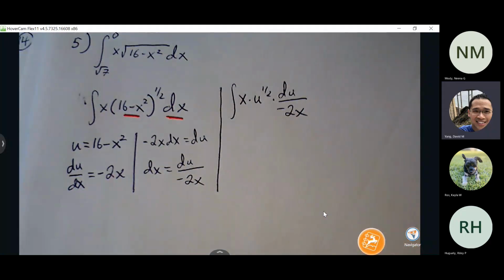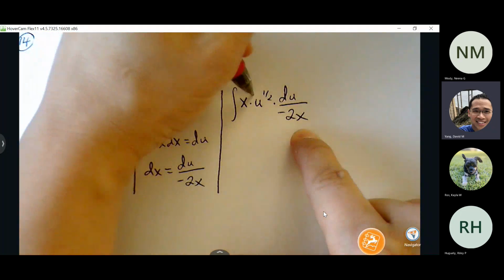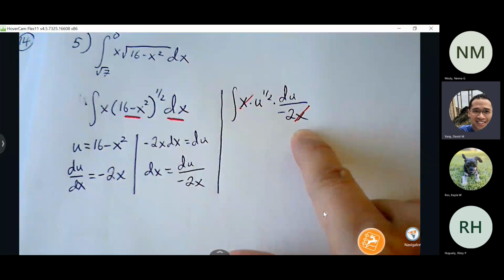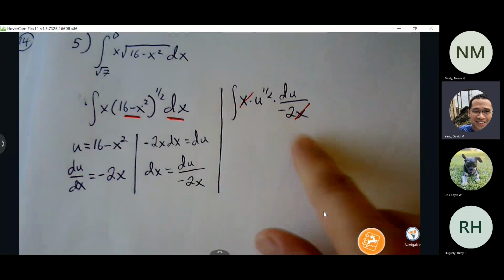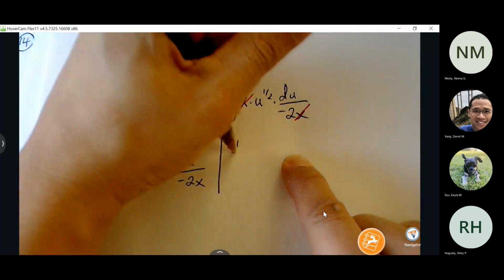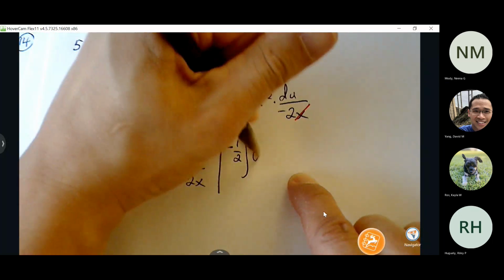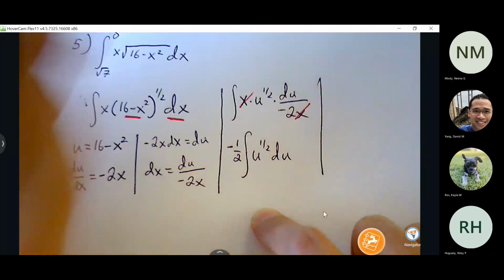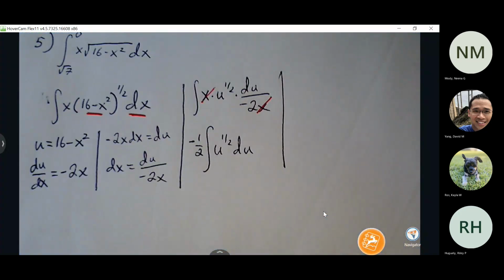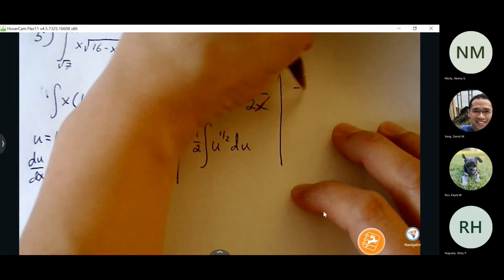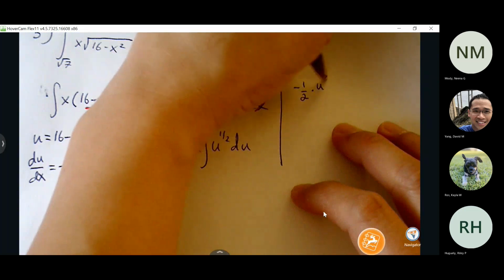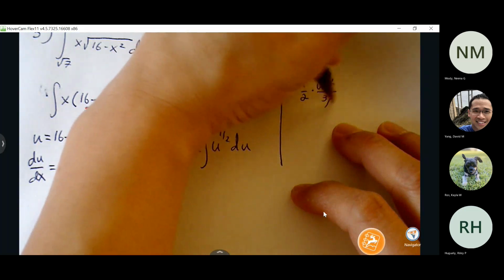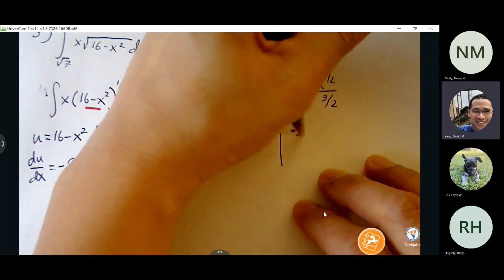All right, so we need the x's to go away if we want to proceed, and the x's do go away, but we do just have to keep track of a -1/2 in front. Right, go through power rule. Do a little bit of cleanup.